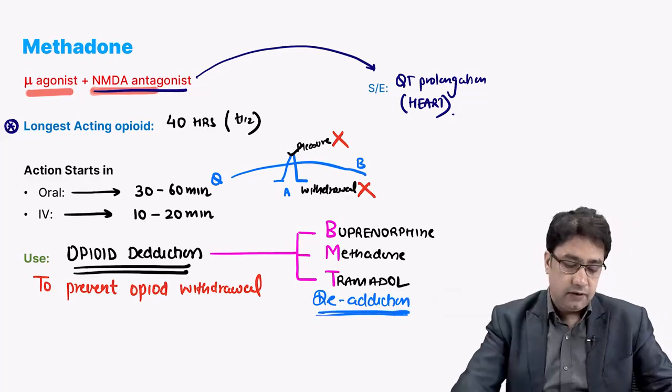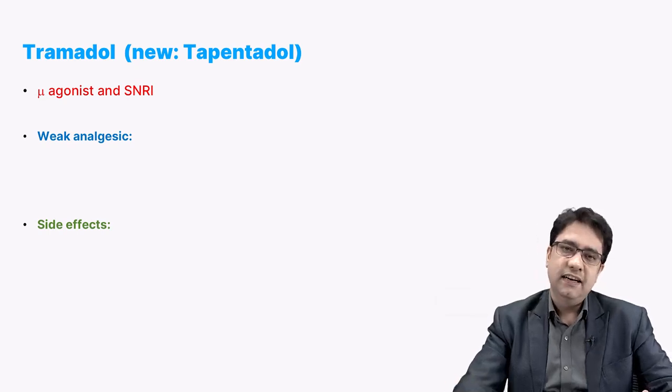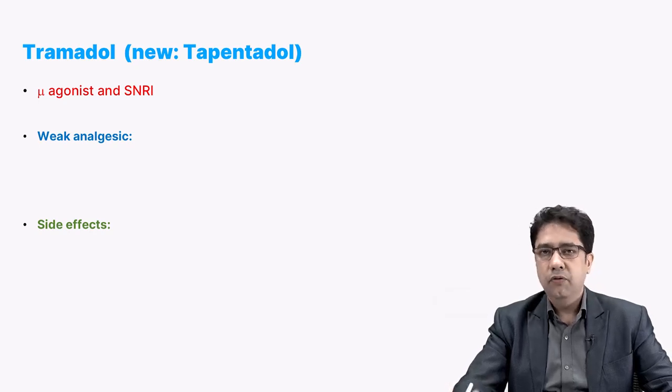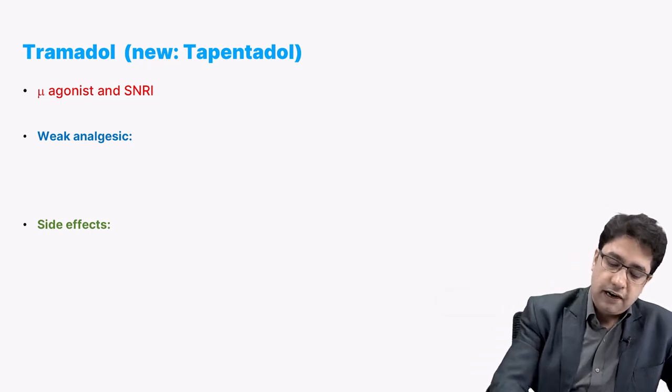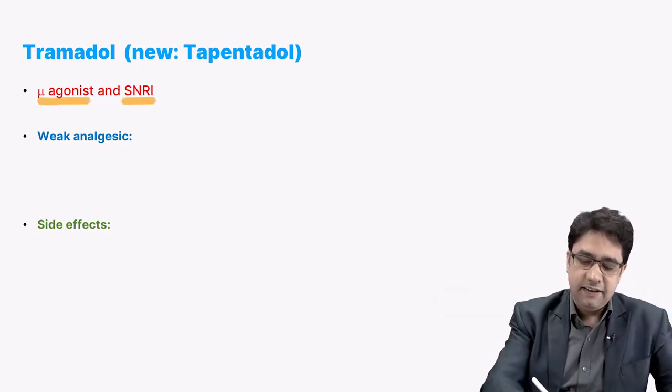Now let's talk about the next drug, very commonly used in home and hospital setting, tramadol. And similar to tramadol, a new drug has been approved, tapentadol. So tramadol has which additional property? It's a mu agonist, plus it has an SNRI-like effect.